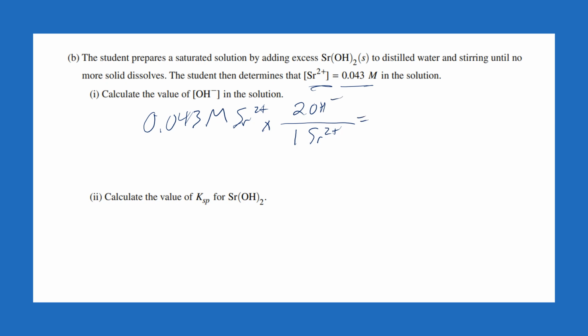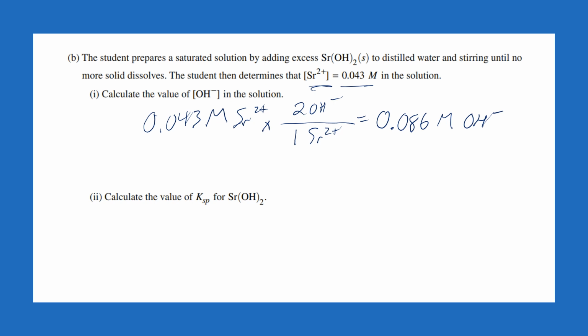It's going to be twice as much, so 0.086 molar for the hydroxide. And we know this because you're just starting out with solid strontium hydroxide. And so we know that it dissolves within that ratio, so that's why I can just skip straight to the stoichiometry for that 2-to-1 ratio.